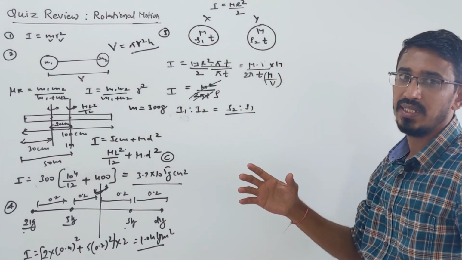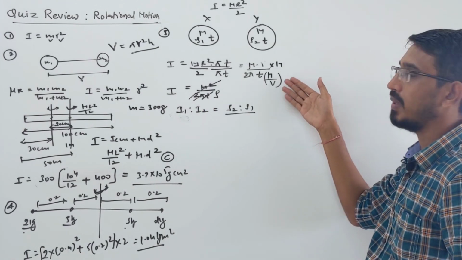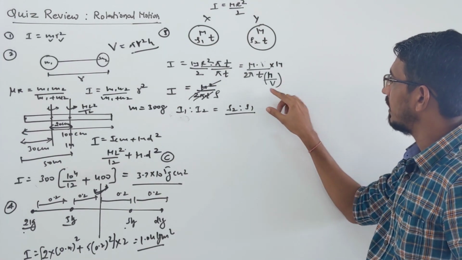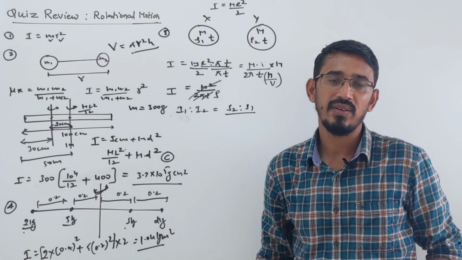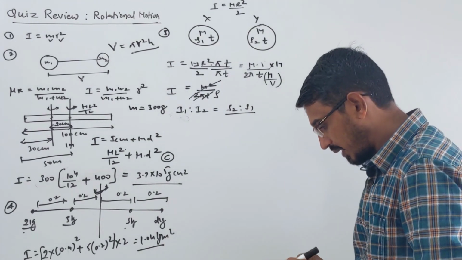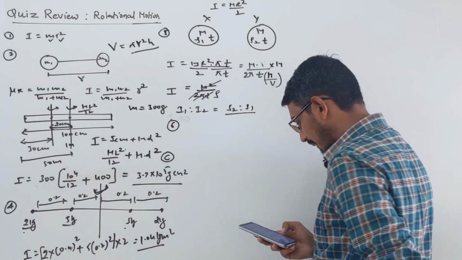Now I need density, which is mass by volume, so I multiply by m and divide by m. Mass we know is the same. So I wrote mass by volume, and the inertia of the body comes out inversely proportional to density. So this is your question number 5, and the correct answer is your fourth option. Moving on to the sixth problem.